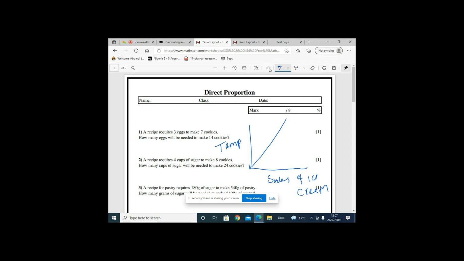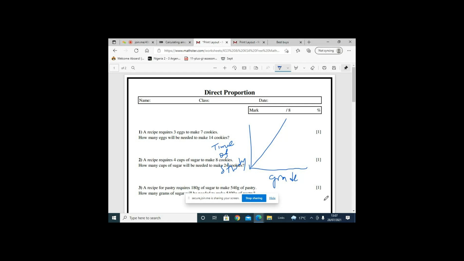Another one is this. If you say time of study and grade, if the time of study increases, most likely your grade will also increase.